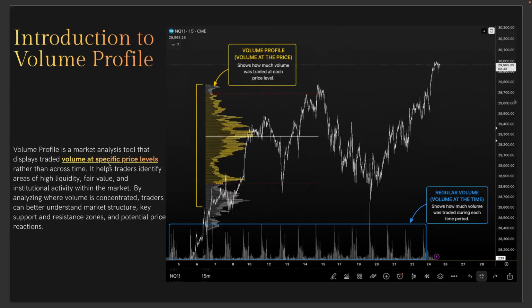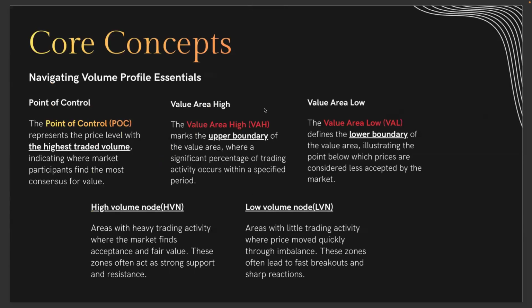Key areas at the volume profile. Our key zones are, of course, value area high and value area low. Then we have the point of control, the area where the highest volume was traded. Then we have high volume nodes and low volume nodes.